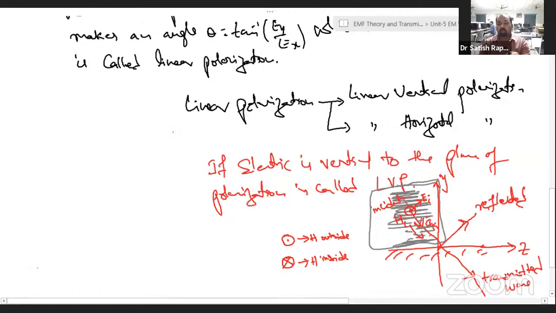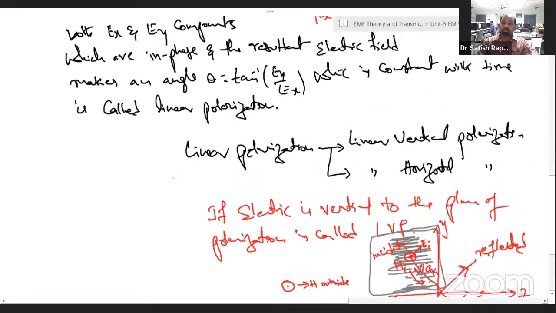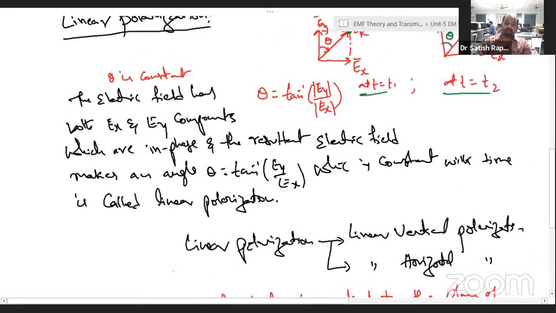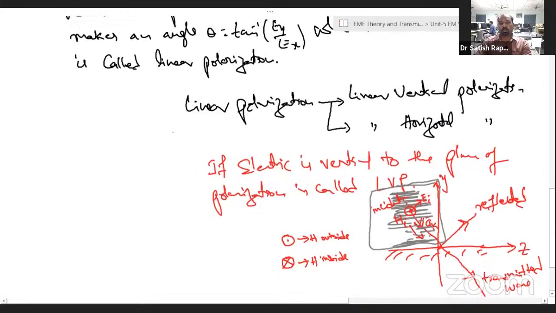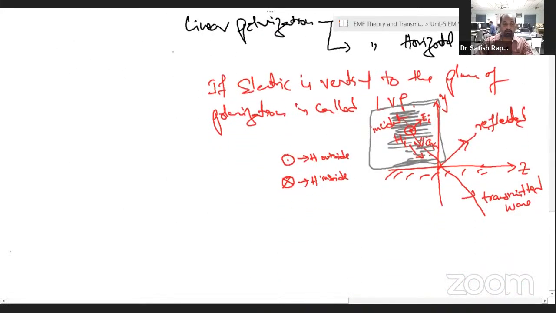And if the electric field is like this, it is perpendicular to my hand. Let us say my hand is the plane of polarization. So depending on whether the electric field is parallel or perpendicular to the plane of polarization, we have two types.